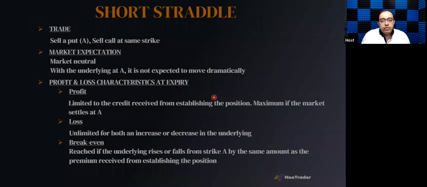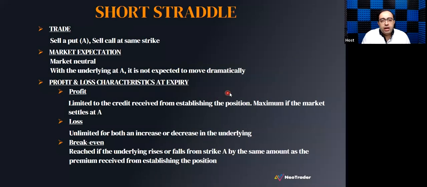Now, if you don't want to do a long straddle and you feel that not much of a move is expected, then you will sell a put and sell a call of the same strike, in the sense that you will ensure you are able to contain the movement. When you are selling an option, you are receiving the premium.